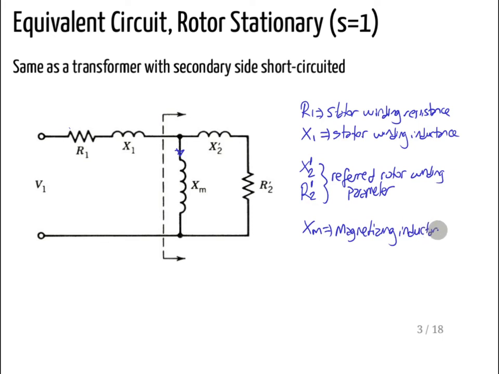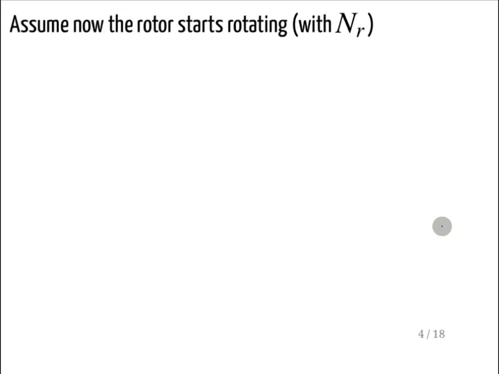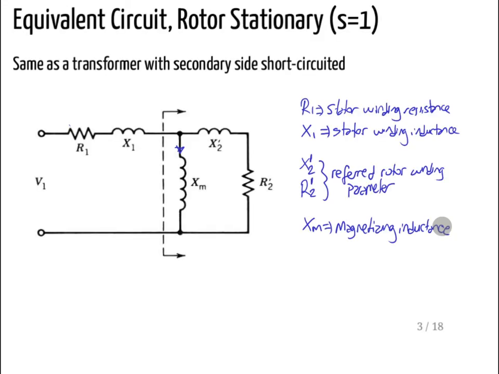If you have any problems remembering those equivalent circuits, I strongly advise you to go back to your notes from the first semester, because we will be using the transformer equivalent circuit for induction machines. This is the case when the rotor is stationary, so the rotor current frequency is again 50 Hz.